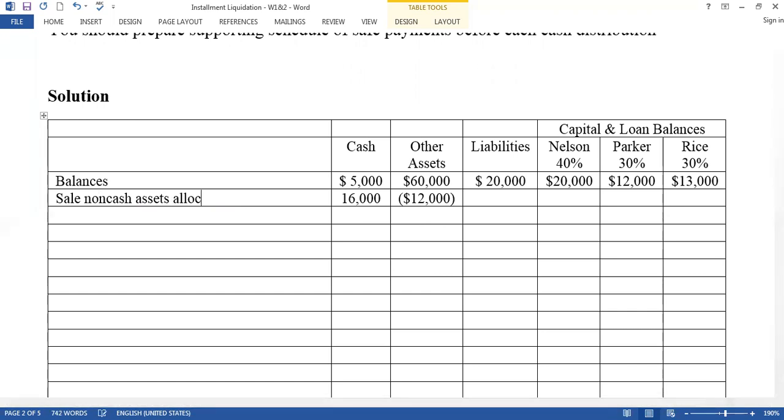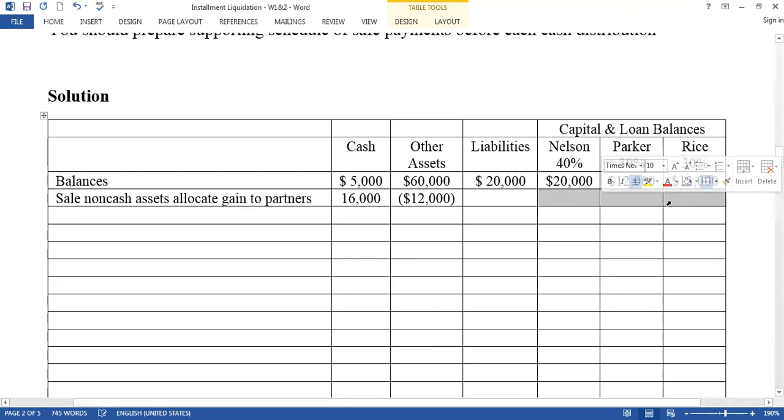And allocate the gain to partners. How much gain? $4,000. So $4,000 is going to increase their capital, in the ratio 4:3:3.